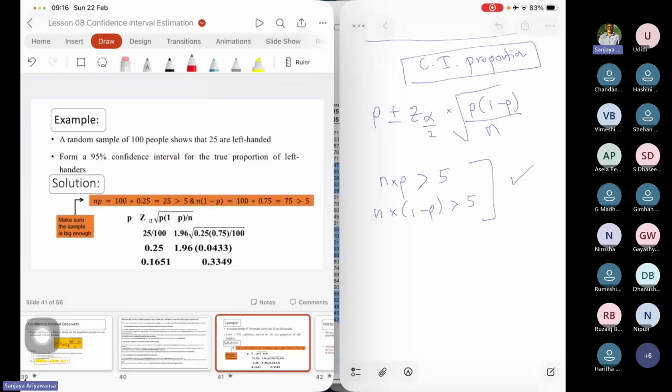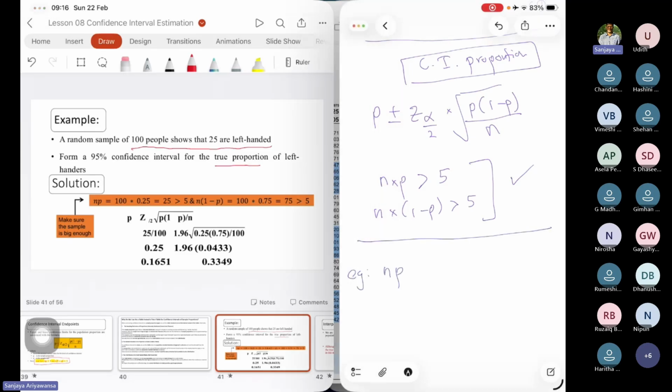Now, if we look at this particular example, what are they saying? A random sample of 100 people shows that 25 are left-handed, and they're asking to form a 95% confidence interval for the true proportion of left-handers. Before we get into the calculation, what do we have to do?